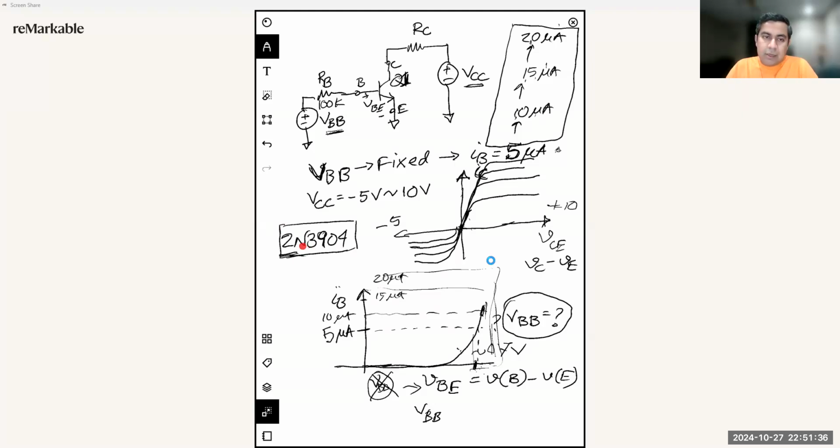When building the experimental setup, you should definitely use the 2N3904 chip so that you can match your simulation data with your experimental data.